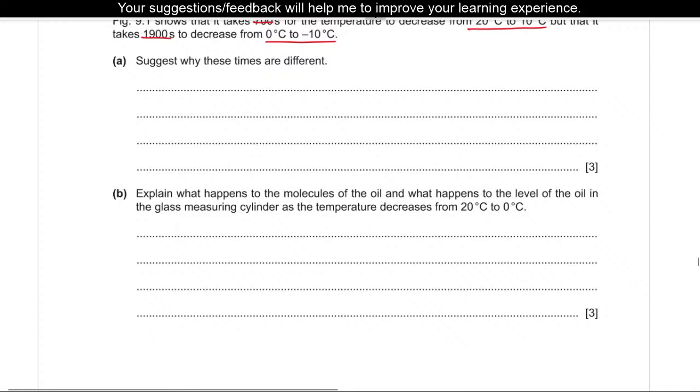Okay, part B. Explain what happens to the molecules of the oil and what happens to the level of the oil in the glass measuring cylinder as the temperature decreases from 20 degrees centigrade to 0 degrees centigrade.